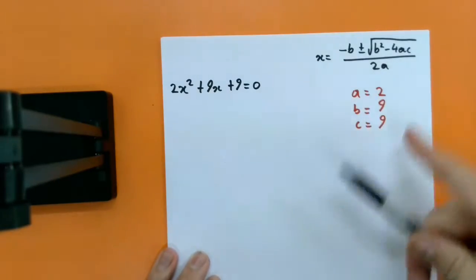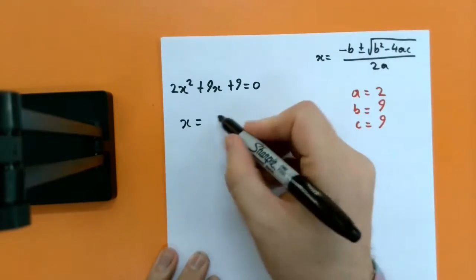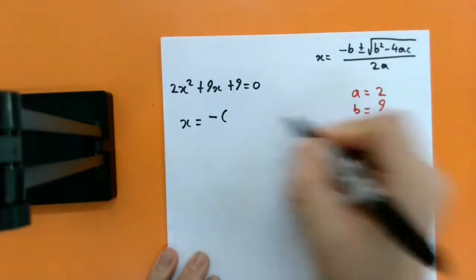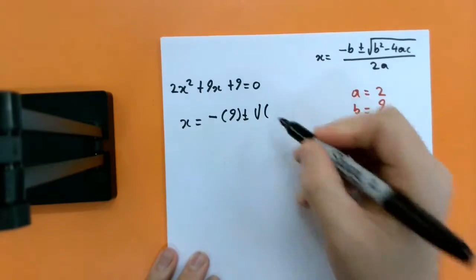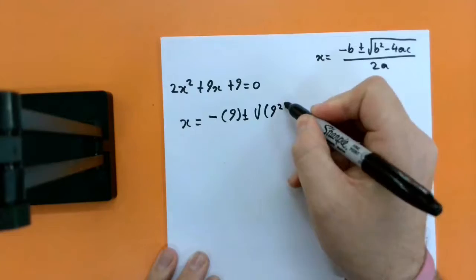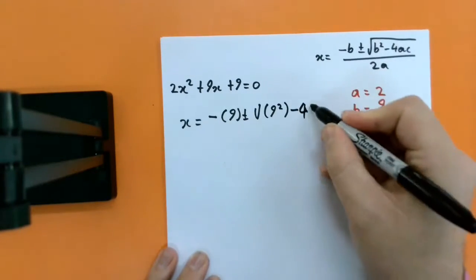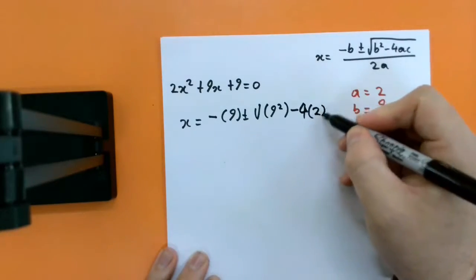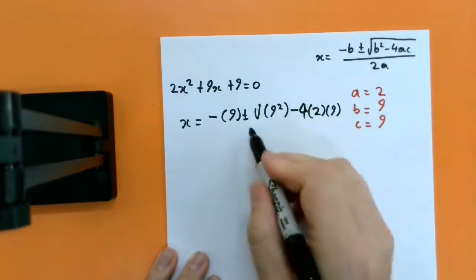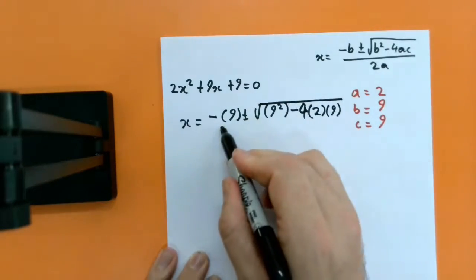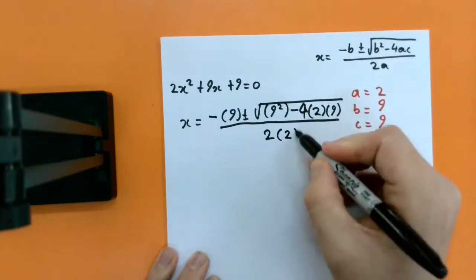So now substituting these into our formula, we have x is equal to minus b, which is 9, plus or minus the square root, and we'll start that off, of 9 squared, minus 4 times a is 2, times c, which is 9, finish the square root off, all over 2 times a, which is 2 again.